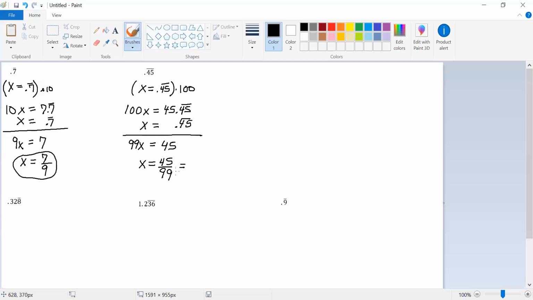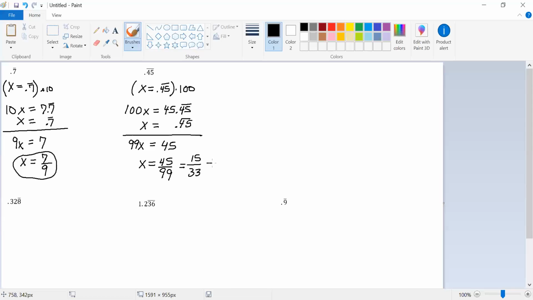So I'm going to divide 45 by 3 to get 15, over 99 divided by 3 is 33.